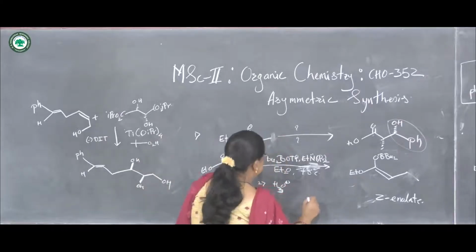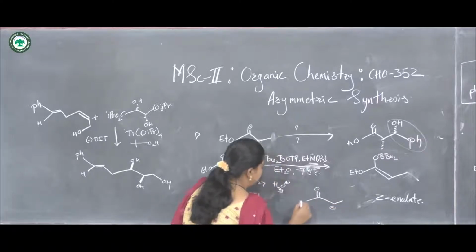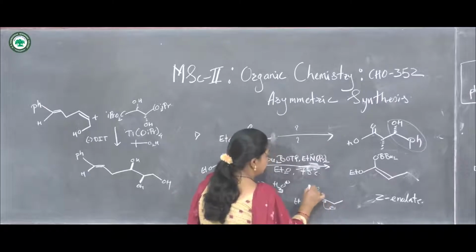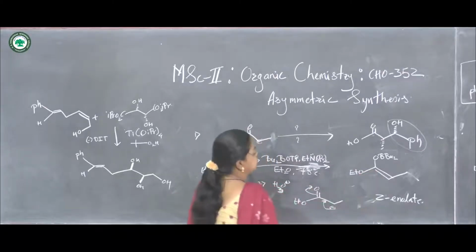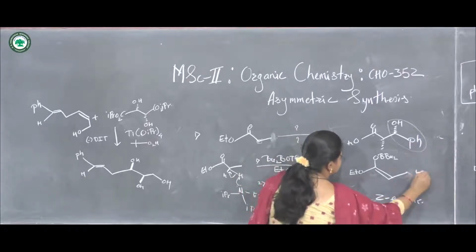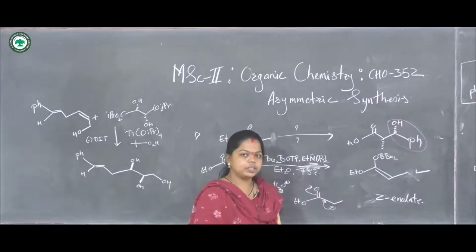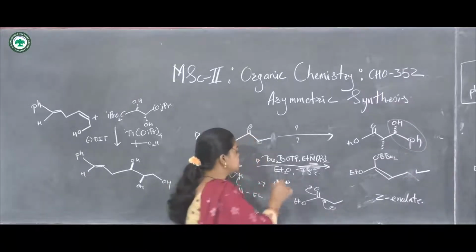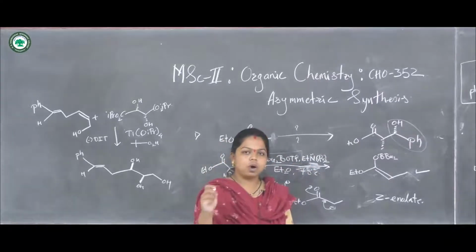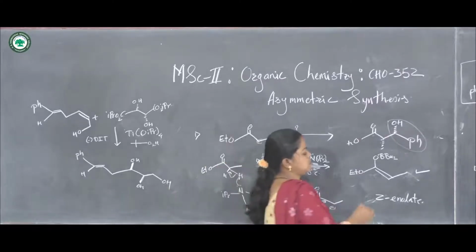So it will generate the corresponding enolate or carbanion. This carbanion is generated and stabilized to form the corresponding enolate ion, and it is the Z enolate. So only in this reaction we get the Z enolate, not the E enolate, 99% selectively, because this compound, specifically dialkyl boron triflate, will always form the Z enolate selectively. So this is the first step.